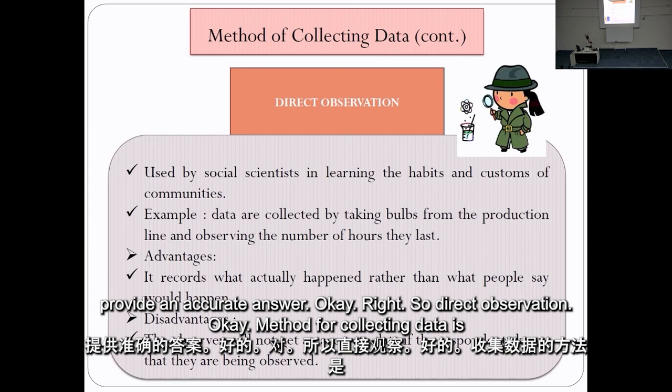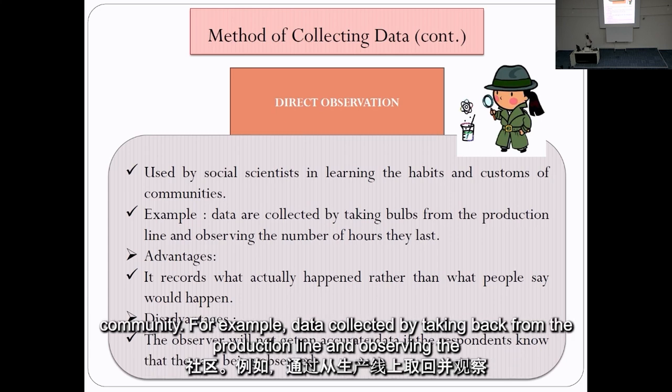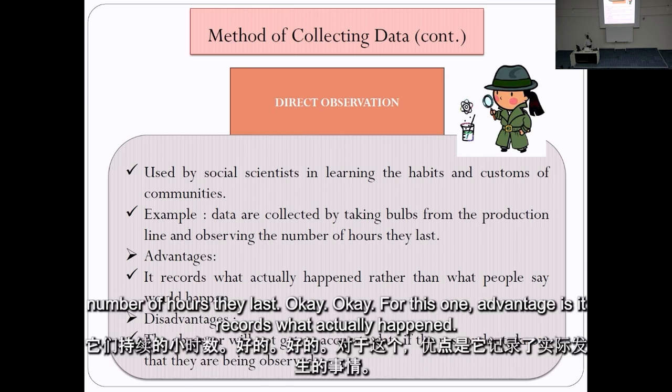Right, so direct observation. Another method for collecting data is direct observation. It is used by social scientists in learning the habits and customs of a community. For example, data are collected by taking part in the production line and observing the number of hours they last.